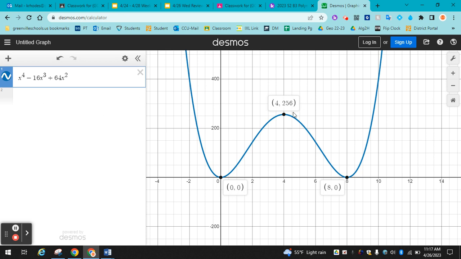So on my graph, I have to go to 256. That's a really big number, so I'm probably going to count by 25s. 25s would only get me to 250, so 30s? We'll count by 30s.